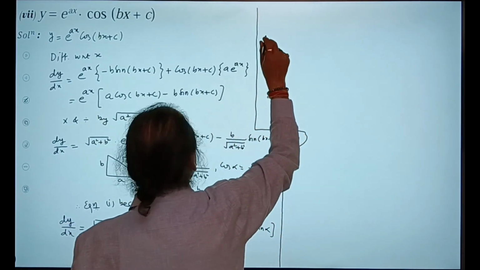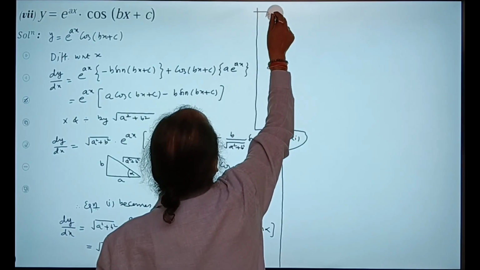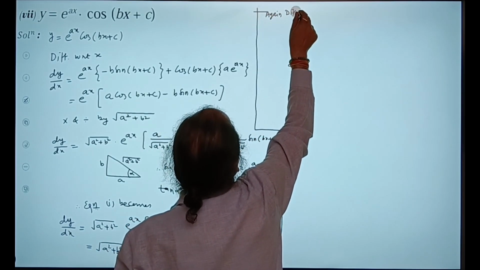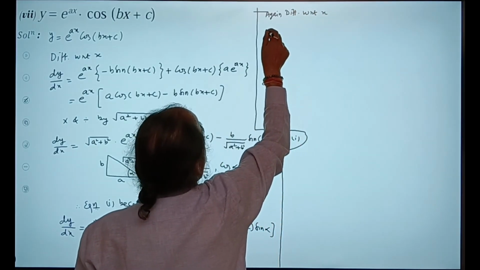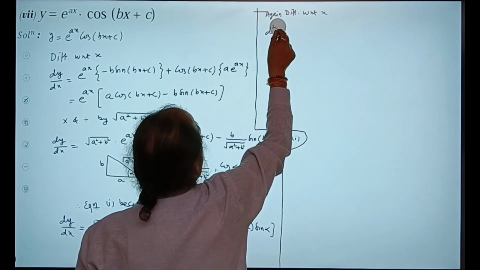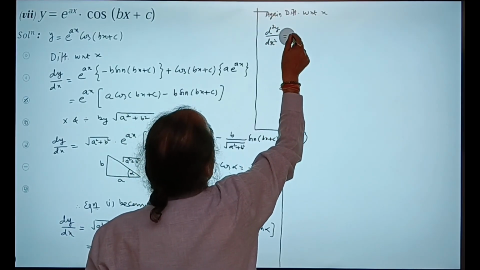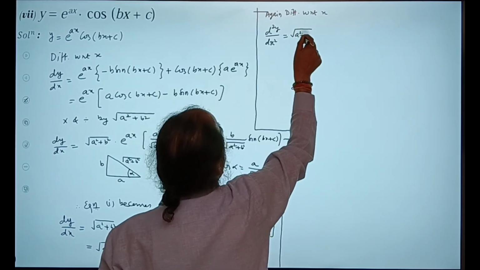Again differentiating with respect to x. So d2y by dx square: root a square plus b square is constant, take outside.